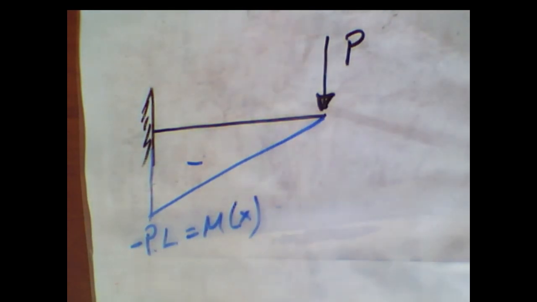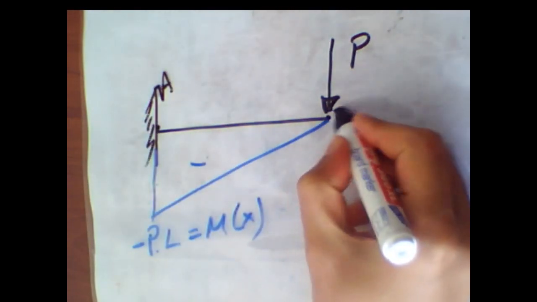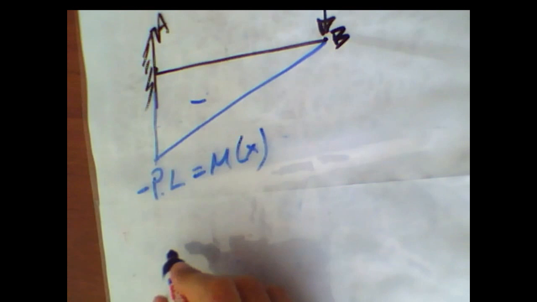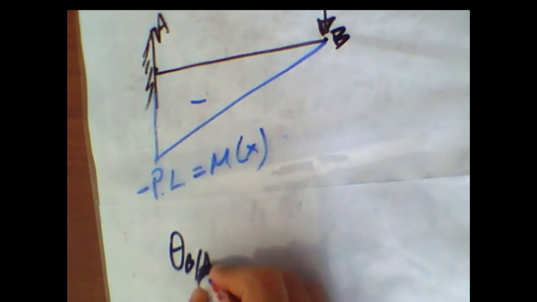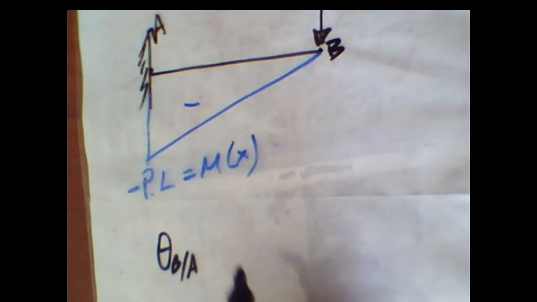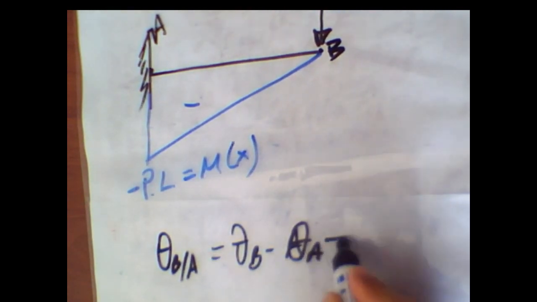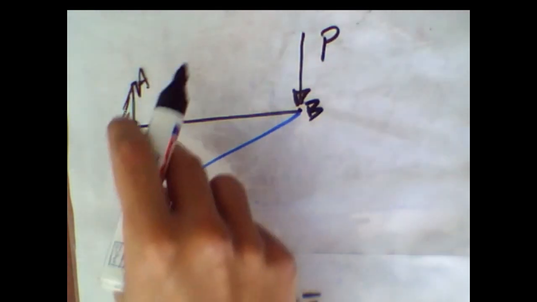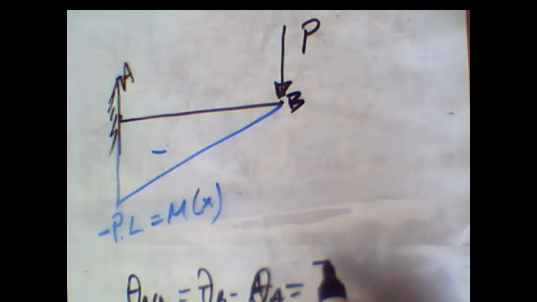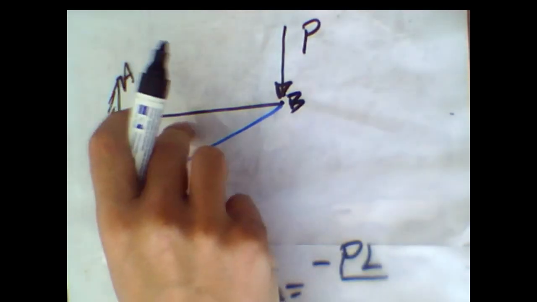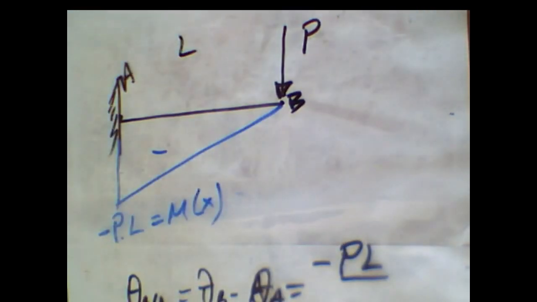We call this point A, point B. So theta B minus theta A is equal to the area of this triangle. What is the area of this triangle? This length is minus PL, and this length is L, therefore multiply by L divided by 2. This is equal to minus P L squared over 2.